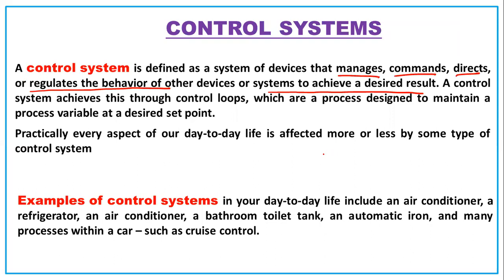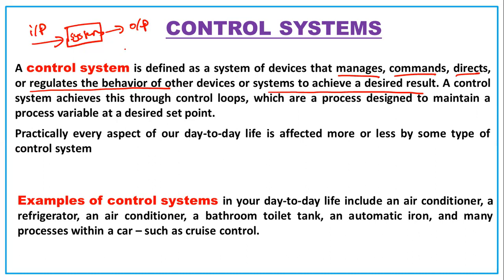So we have a system, and we are controlling it so that we get a desired output. For example, this is the system, and we are giving an input and we have an output. So we are providing some control to a system. For example, if you take an air conditioner, we are controlling it by using some other device so that we get the output.